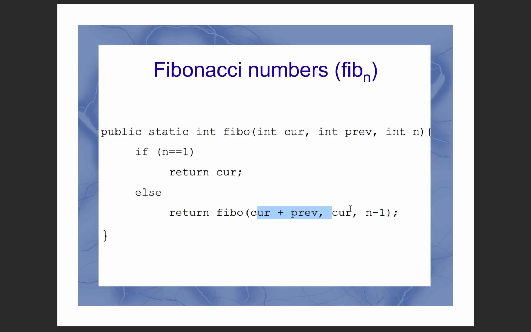If you don't have a tree recursive approach, you don't need to do duplicate operations, which we saw in the tree recursive approach. So this is a linear version of the recursive Fibonacci approach.